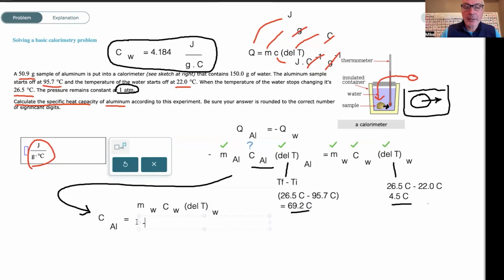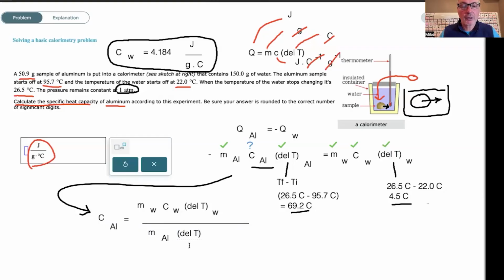Then divided by both sides to cancel out, we're going to have the mass of aluminum divided by the delta T of aluminum. All right. Hopefully I'm not losing anybody here. We're basically just isolating C aluminum by dividing both sides by the mass of aluminum and delta T of aluminum. I just don't have much space on my screen here. And so there we go.